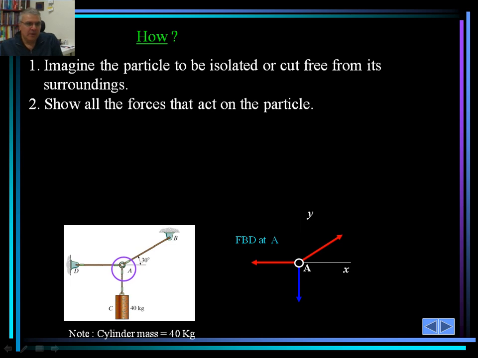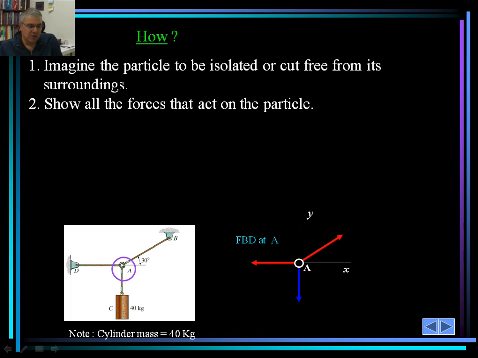First we isolate the particle from its surrounding environment and show it as A. Then we show all the forces that are acting on the particle at A. Again, the known force in this case is shown in blue, and the unknown ones are shown in red. We put our coordinate system right at A, X and Y. We can really put X and Y in different places, but in this case, it seems to be more convenient.